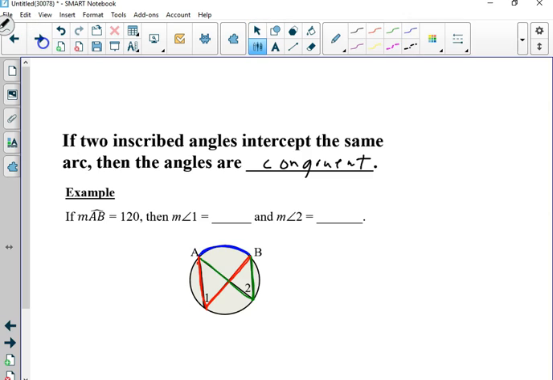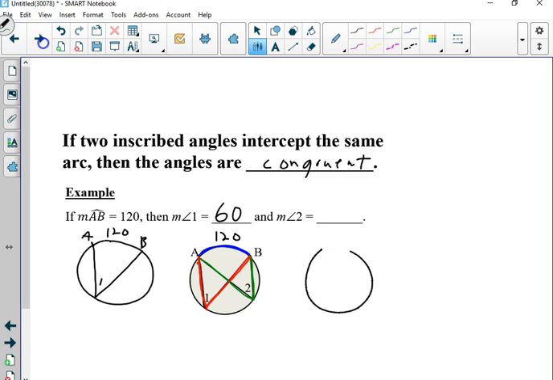Now, it says if AB is 120, okay, and if it helps, just come on here and just put one of them. Okay, and just think about them separately if it helps. So, just like the previous page, if AB is 120, then angle 1 is half of that, 60.